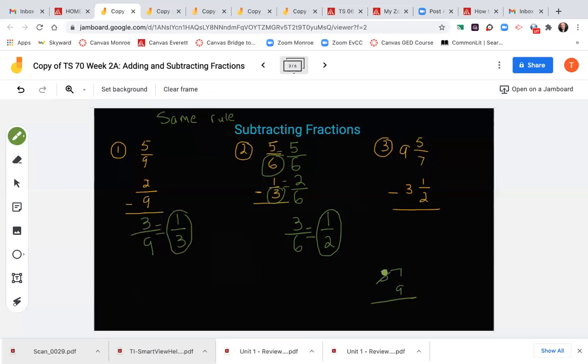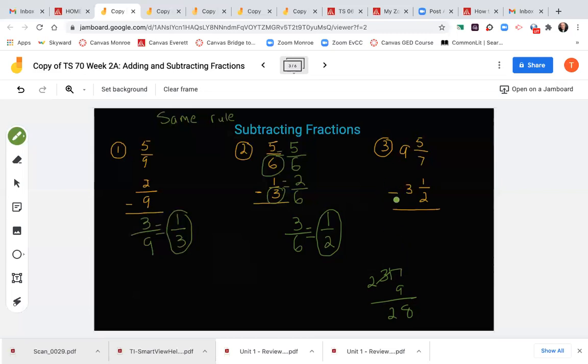We would borrow and make this a 2 and bring over this 1, make it a 17. That's how we would do that, okay? And then this would be an 8 and nothing, so it's 28. All right, that's what we do when we're subtracting a larger number from a smaller number above, okay?